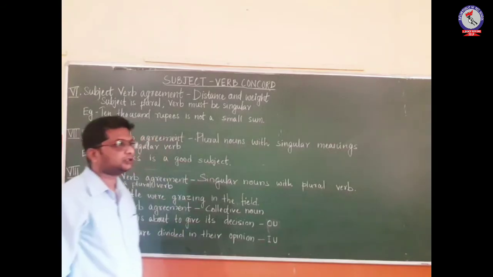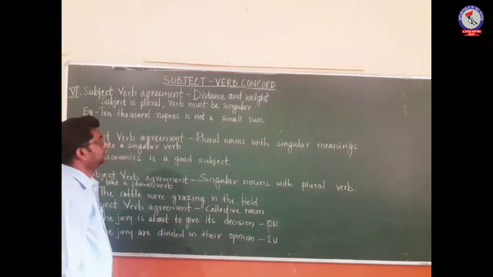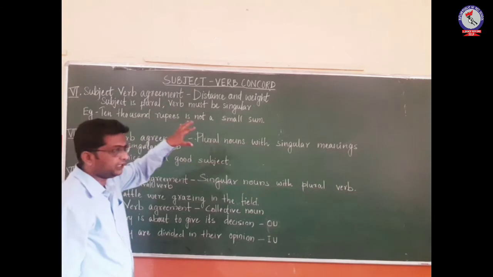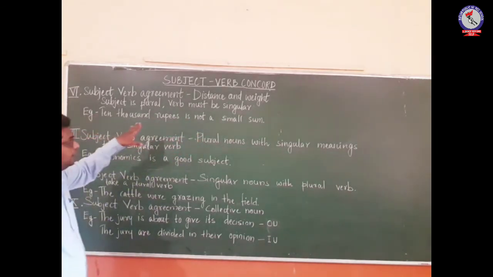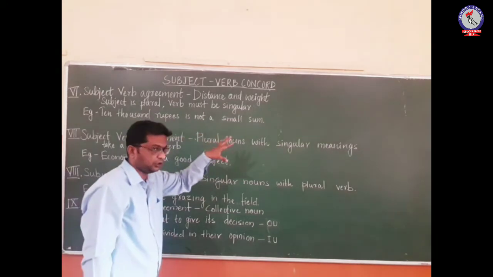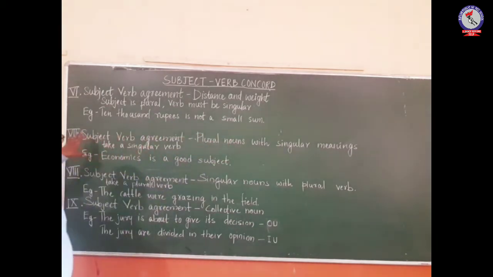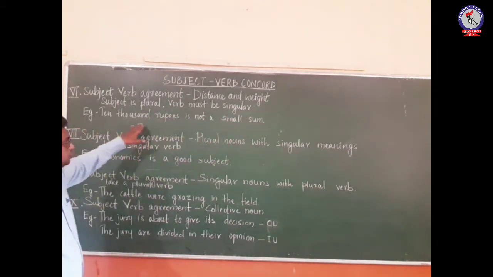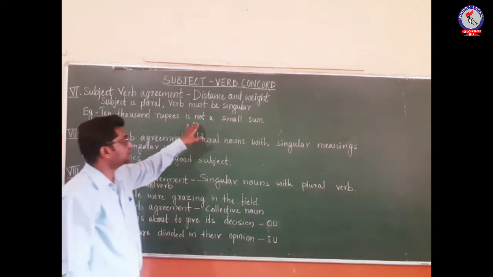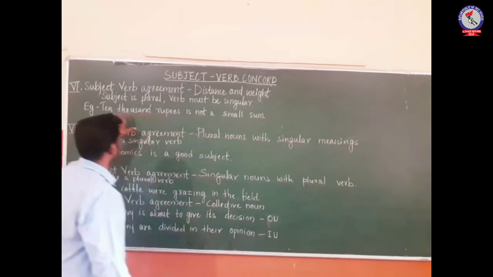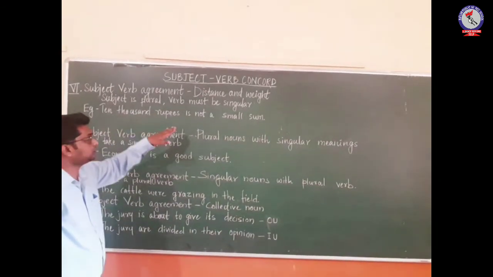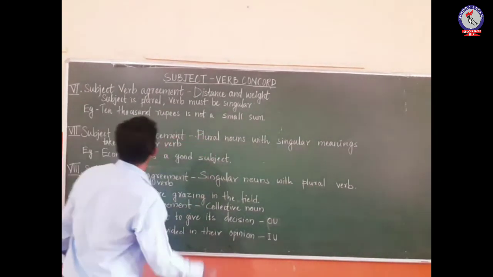See the subject-verb concord. In distance and weight, if the subject is plural, then the verb must be singular. Let us see an example. 10,000 rupees is not a small sum.